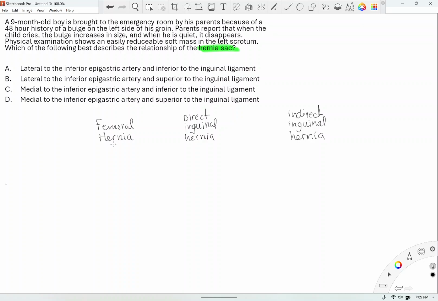Those are the three types of hernia. We should be able to differentiate between them to see which one of these is the type of hernia that this question is talking about.